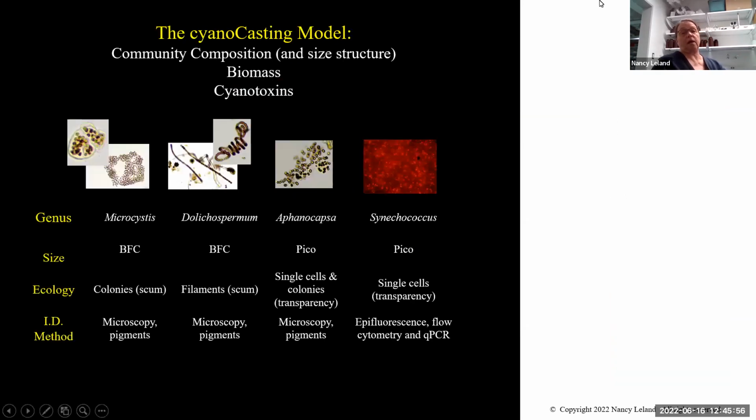So the cyanoforecasting model that we use from this lab, it was developed here. We look at several primary factors to begin with to start to understand our populations. And the most important one is the community composition and size structure, which I already sort of went over with you, but we like to see what's there. And then we break it into the different size fractions to be able to describe how much is there.